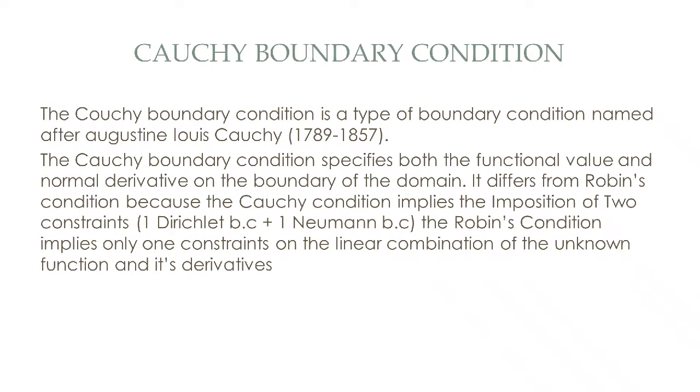It differs from Robin's condition because the Cauchy condition implies the imposition of two constraints, or one Dirichlet B.C. plus one Neumann B.C., while Robin's boundary condition implies only one constraint on the linear combination of the unknown function and its derivative.